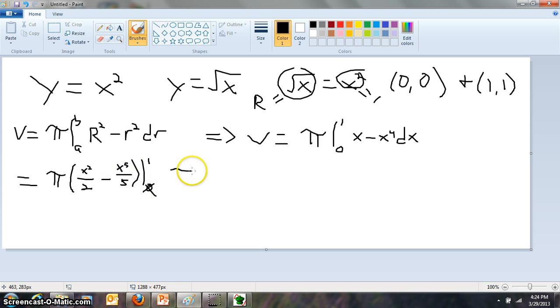So the answer will be pi times 1 over 2 minus 1 over 5. Which, when you find the common denominator, it's 10, which will be 5, and this will be 2. So the answer will be 3 pi over 5. Oh, I'm sorry, not 5, 10. That's why you should show your work, folks, because you'll make stupid mistakes like that. So 3 pi over 10.